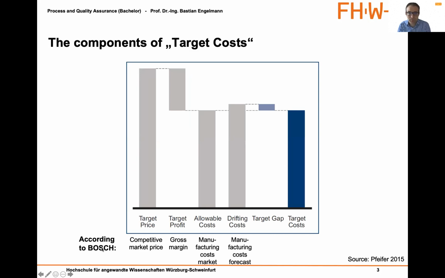I like them because with target profit you can better understand the gross margin, or target price is competitive market price. So these terms are more illustrative, but nevertheless, I keep the terms here from the books from quality management in this lecture.